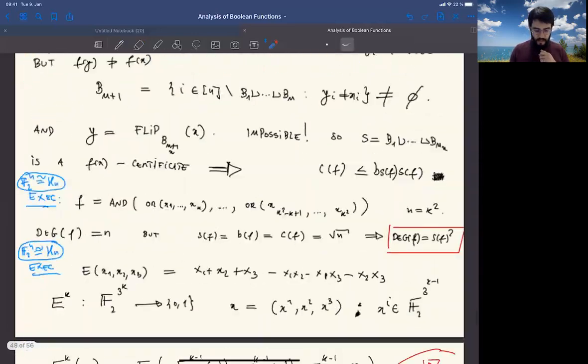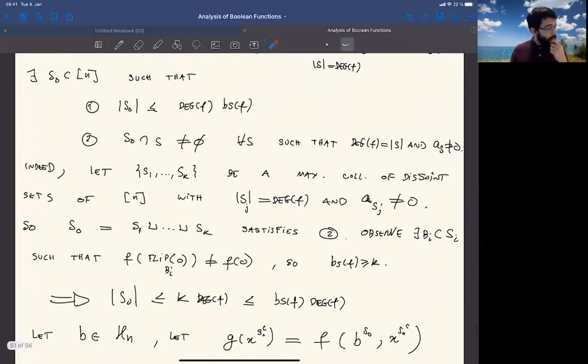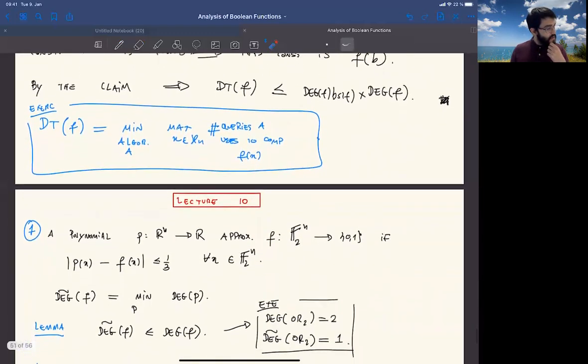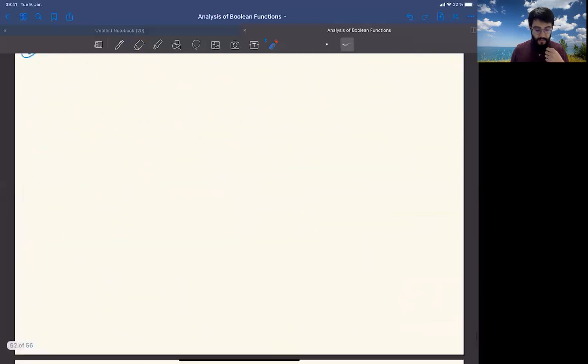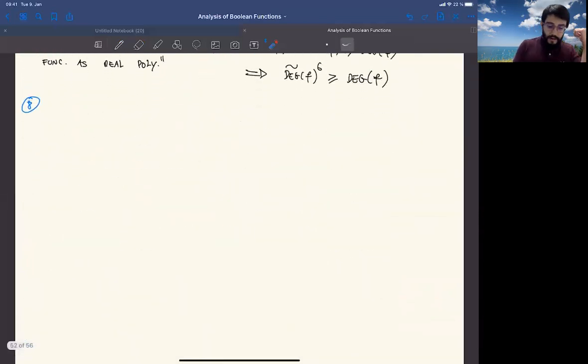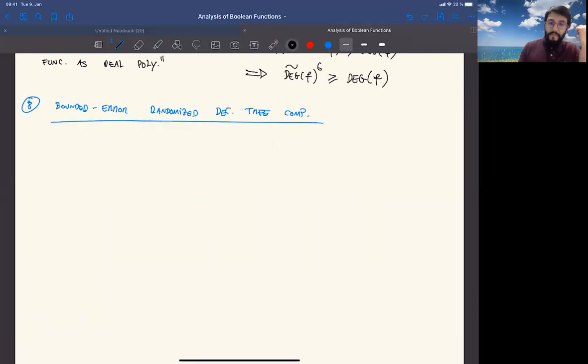Let's learn another randomized version. This is related to what they call bounded error. So what's the bounded error randomized decision tree complexity?